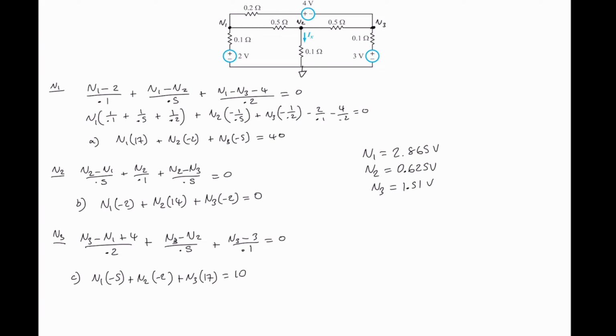So to find the current, we use the voltage at V2 divided by the resistor. Ix is equal to the voltage at terminal V2 divided by the 0.1 ohm resistor, and the current in this case would be 6.25 amperes.